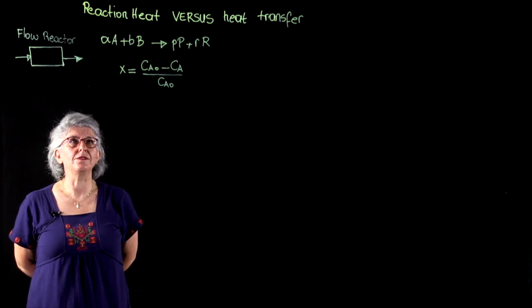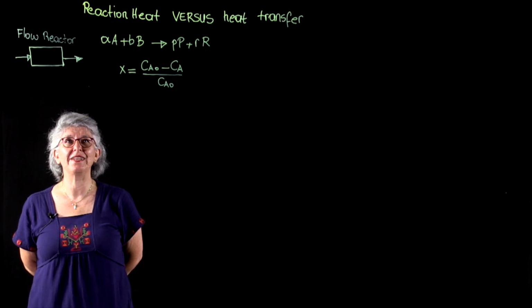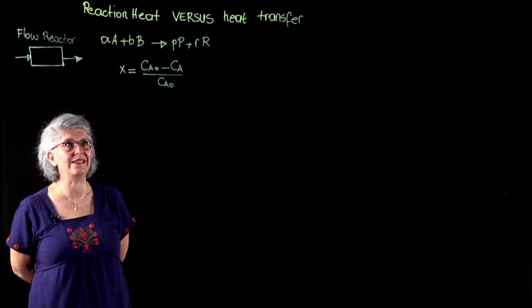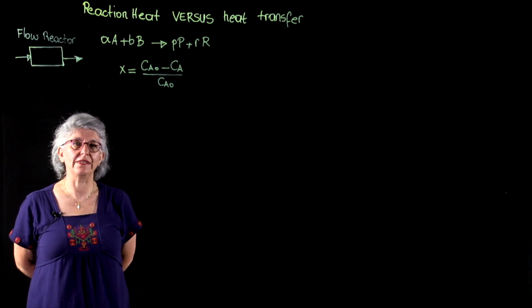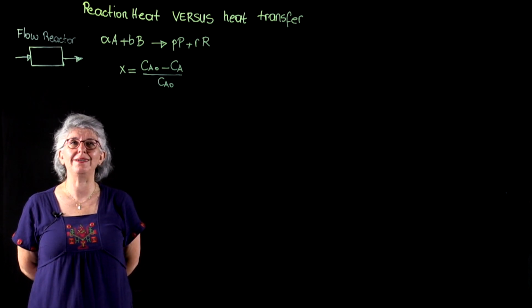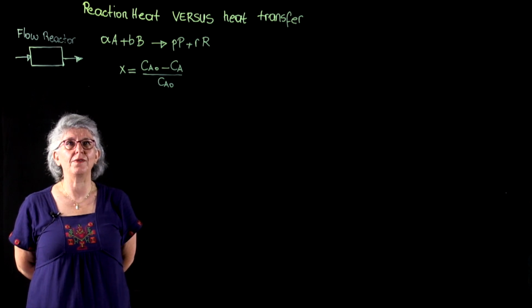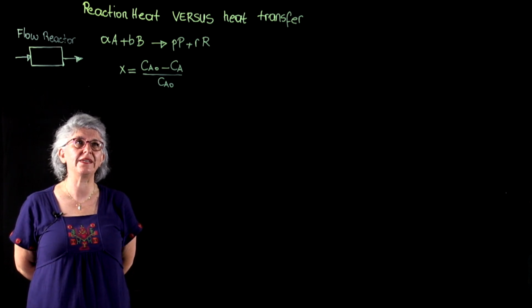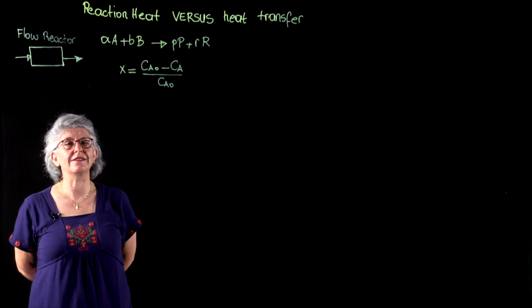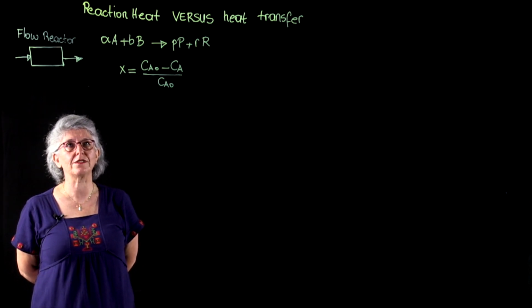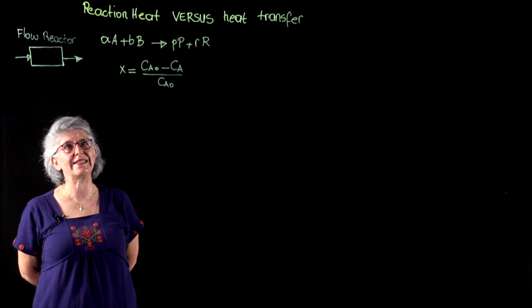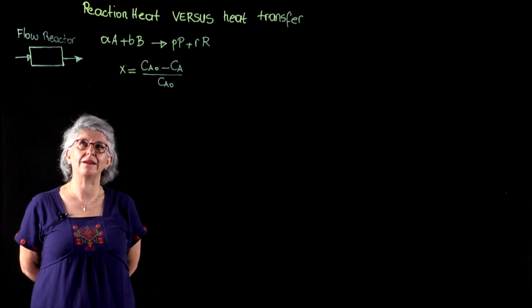In this video, we are going to differentiate the reaction heat from the heat transfer. We will do this on a hypothetical reaction of A and B producing P and R with their corresponding stoichiometric coefficients of lowercase a, b, p, and r.